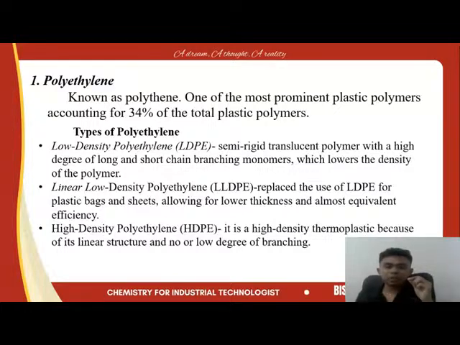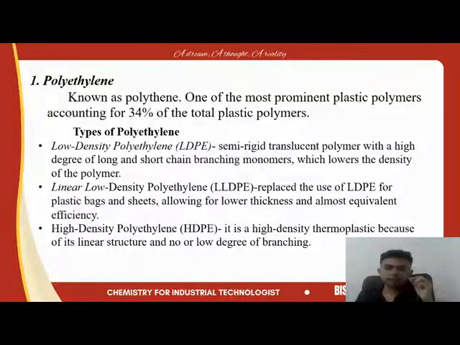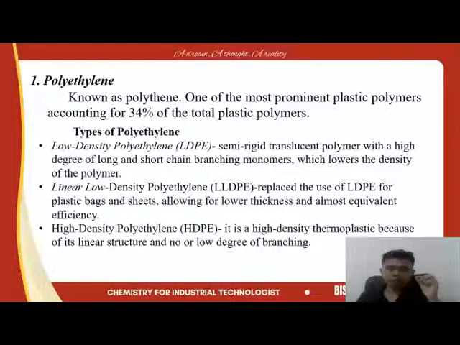Due to the absence of branching, it has a strong tensile strength and chemical resistance, making it a preferred choice. It is an ideal combination of strength, cost efficiency, and environmental friendliness. So, if we want to create something that is durable, you would most likely use high density polyethylene. The HDPE is good for that. Those were the different types of polyethylene.